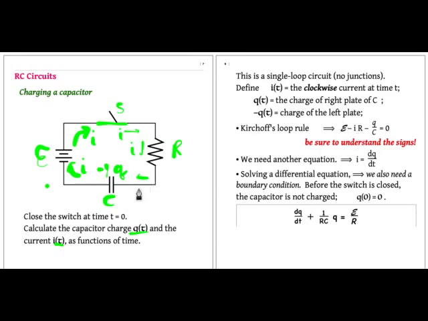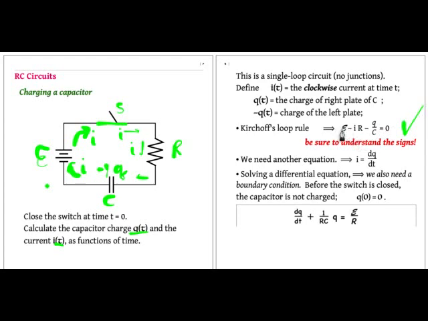And then finally, I have the change in potential across the capacitor from the positive side to the negative side. Well, the positive side is high potential. The negative side is low potential. So the change in potential is negative Q divided by C. So that's the equation given by Kirchhoff's loop rule.